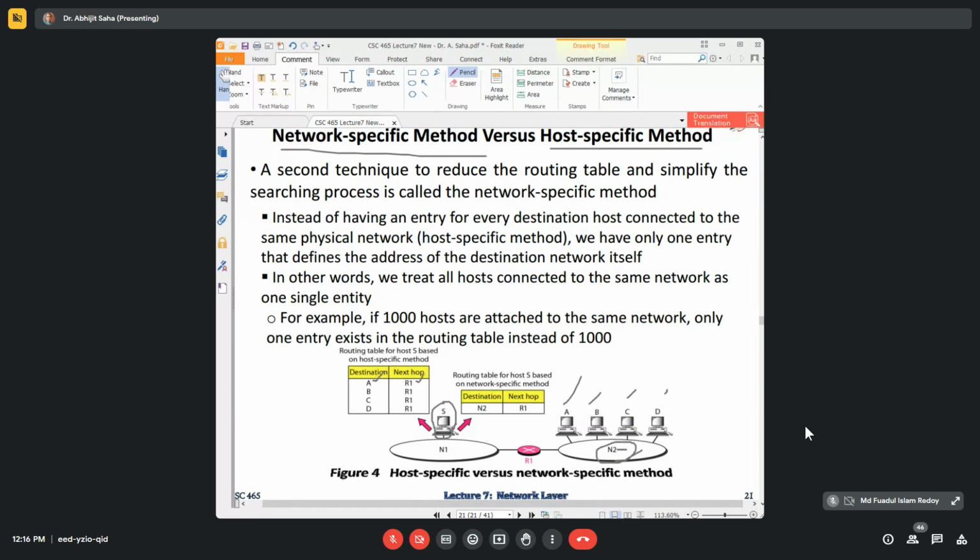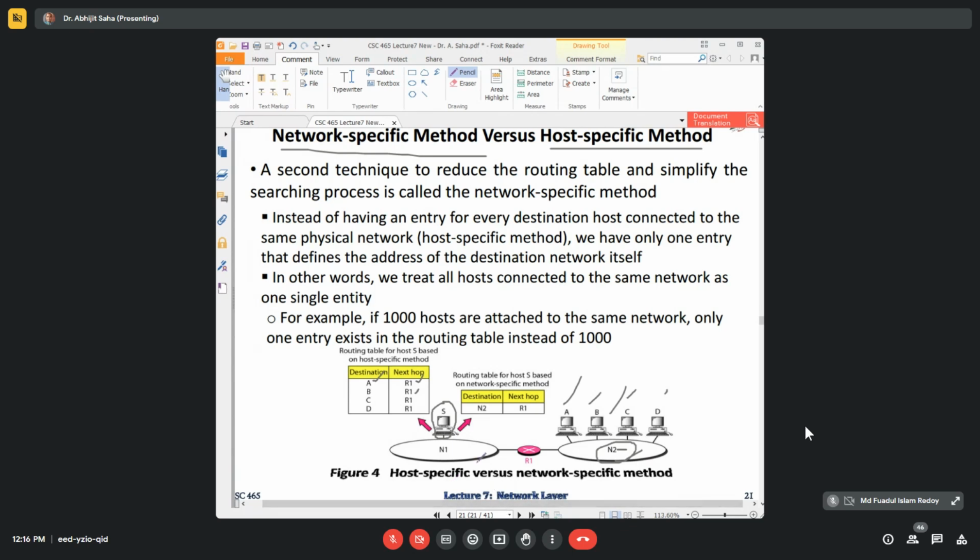If you want to go from S to B, then destination is B, next stop R1. So if you are having 1000 nodes, for example, then for each of the 1000 nodes you are going to keep their node name, and the next stop is R1. You are going to be recording the routing table. So you can understand that the routing table weight is going to be quite high in that case.